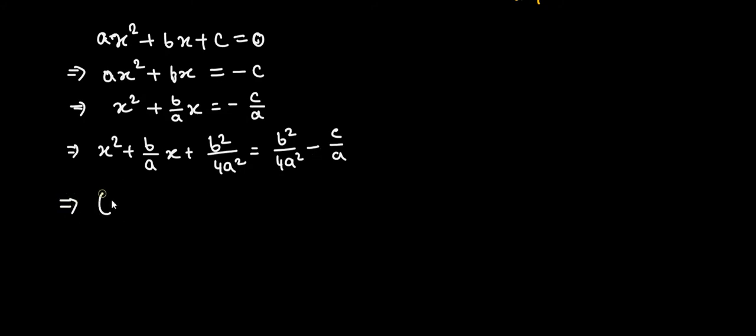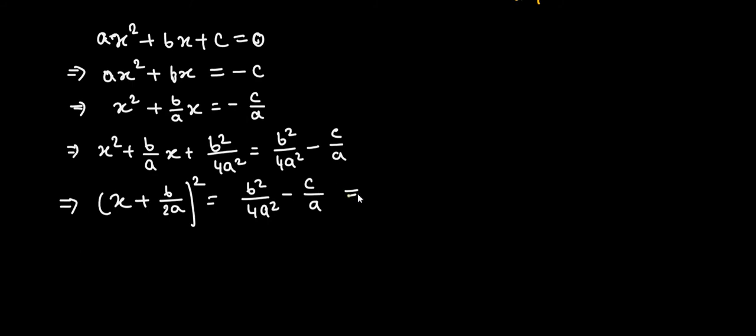So this portion will become x plus b by 2a whole square is equal to b square upon 4a square minus c upon a. Is it clear?